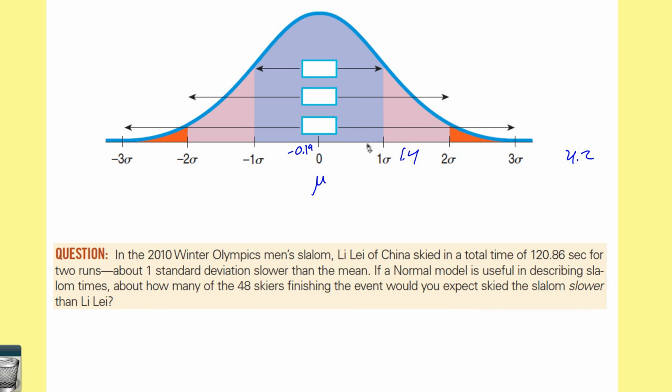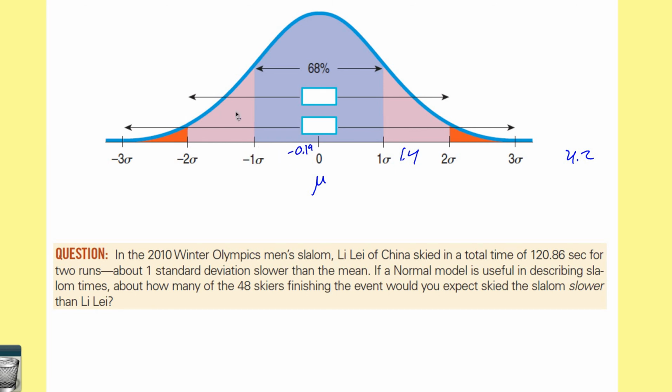That's where we typically have most people: 68% of the people are going to be within 1 standard deviation of your mean. So 34% are 1 standard deviation above the mean, and 34% are 1 standard deviation below the mean.